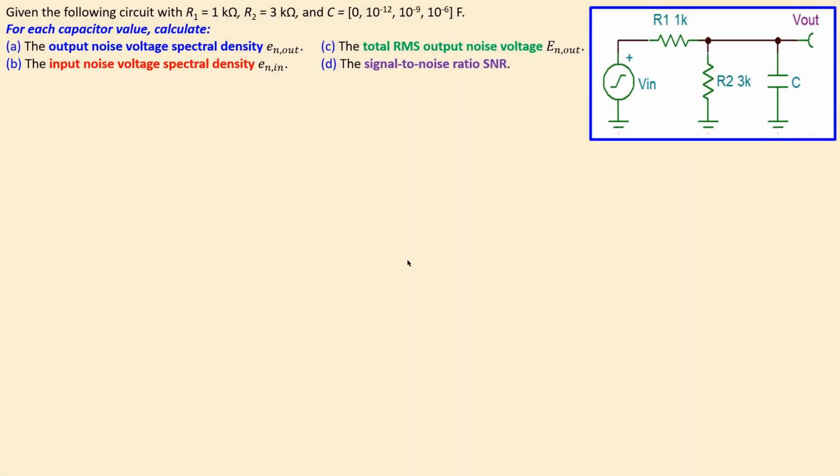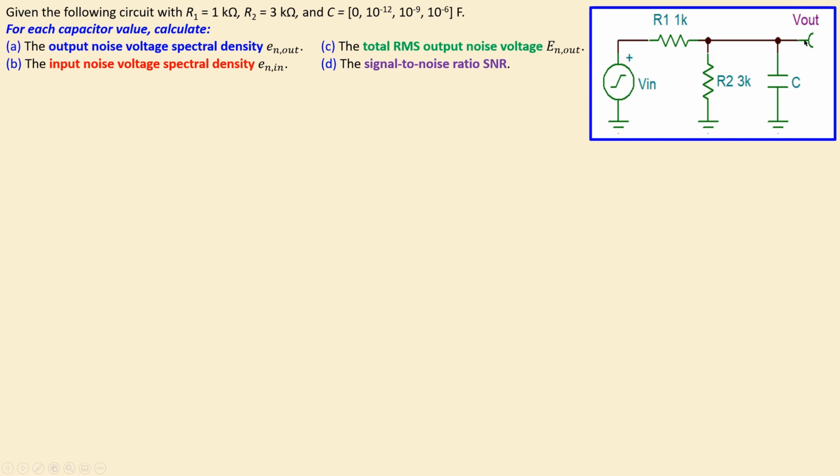We have the following situation. We have two resistors R1 and R2 given in this circuit, and we have some capacitor values, in this case 4 different capacitor values. So we have actually a voltage divider of two resistors, and we have a capacitor which is then in parallel with that second resistor of 3 kilo ohms.